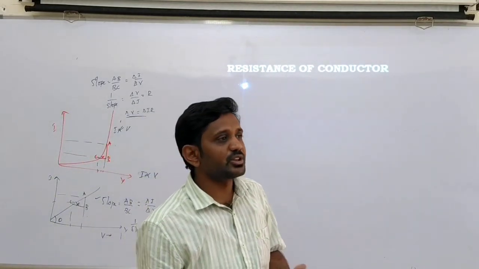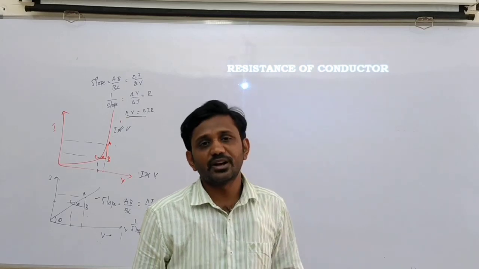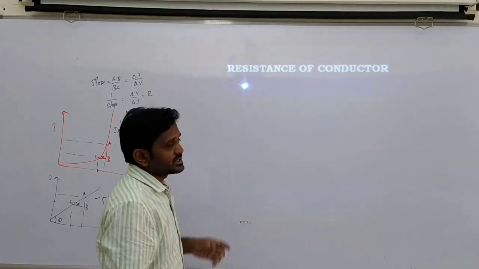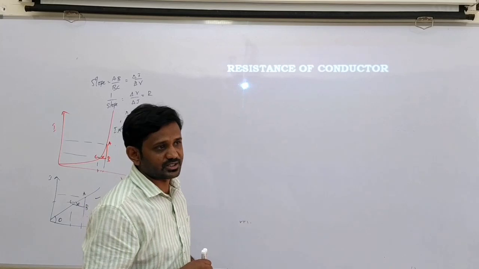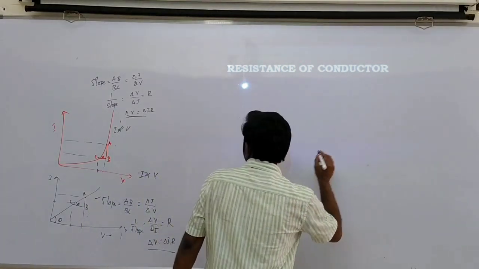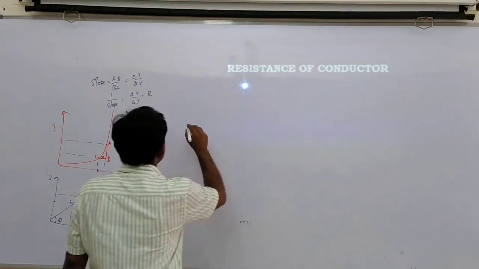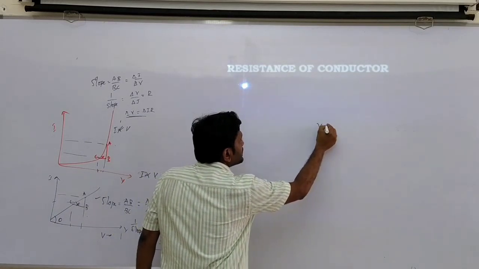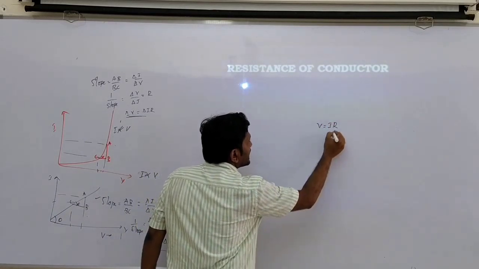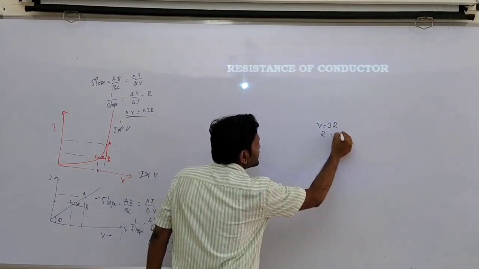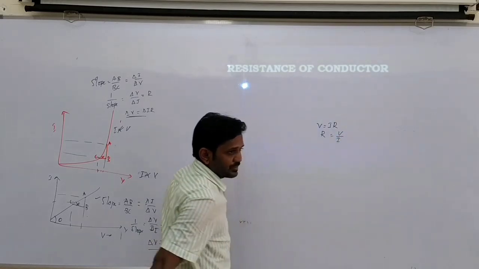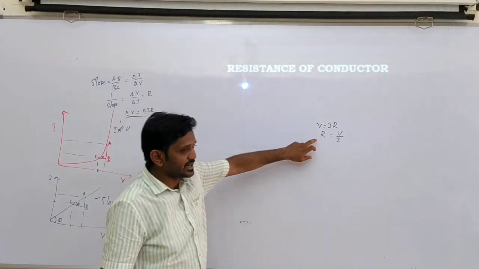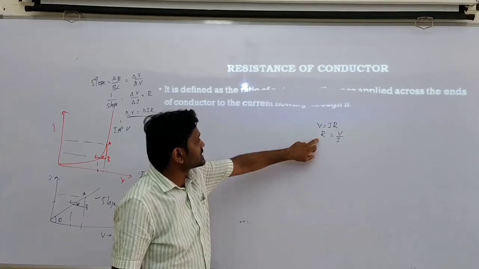By using Ohm's law, we have defined the electrical resistance of the conductor. Already we know Ohm's law, that is V is equal to IR, or R is equal to V divided by I. Then how can we define this resistance of the conductor?